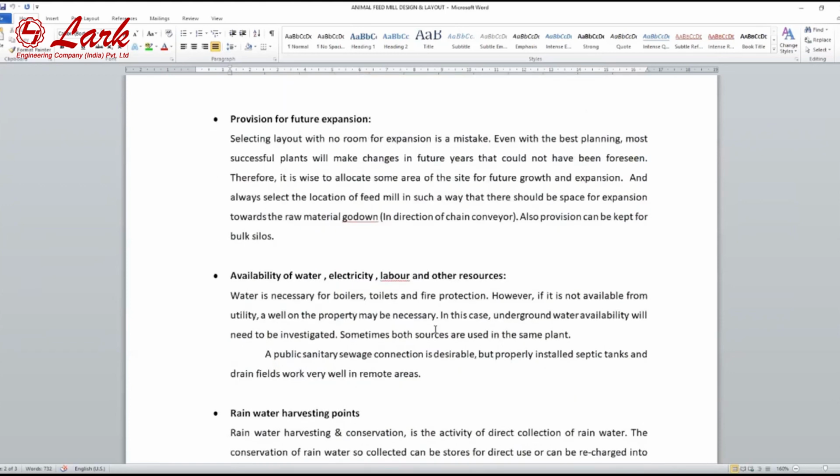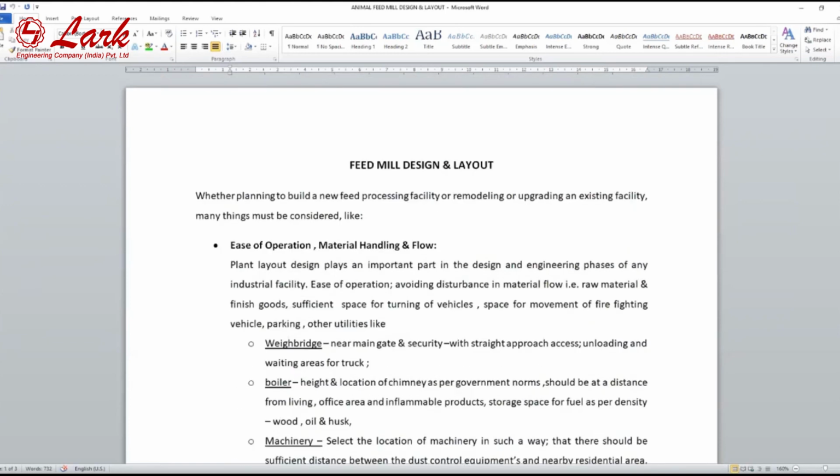Then this is a complete document for a feed mill design and layout.